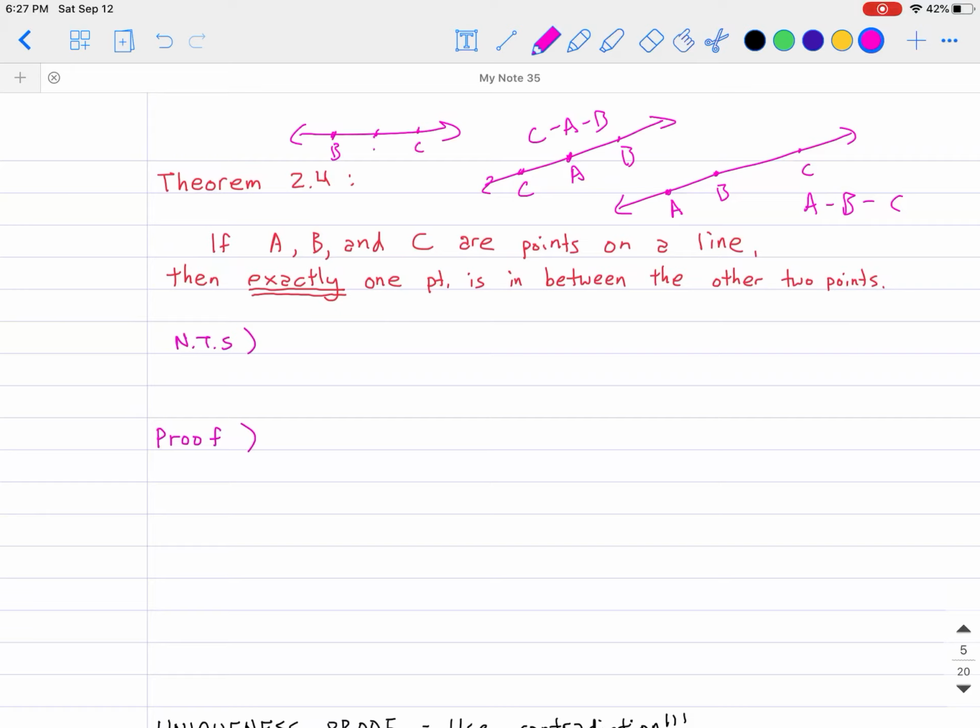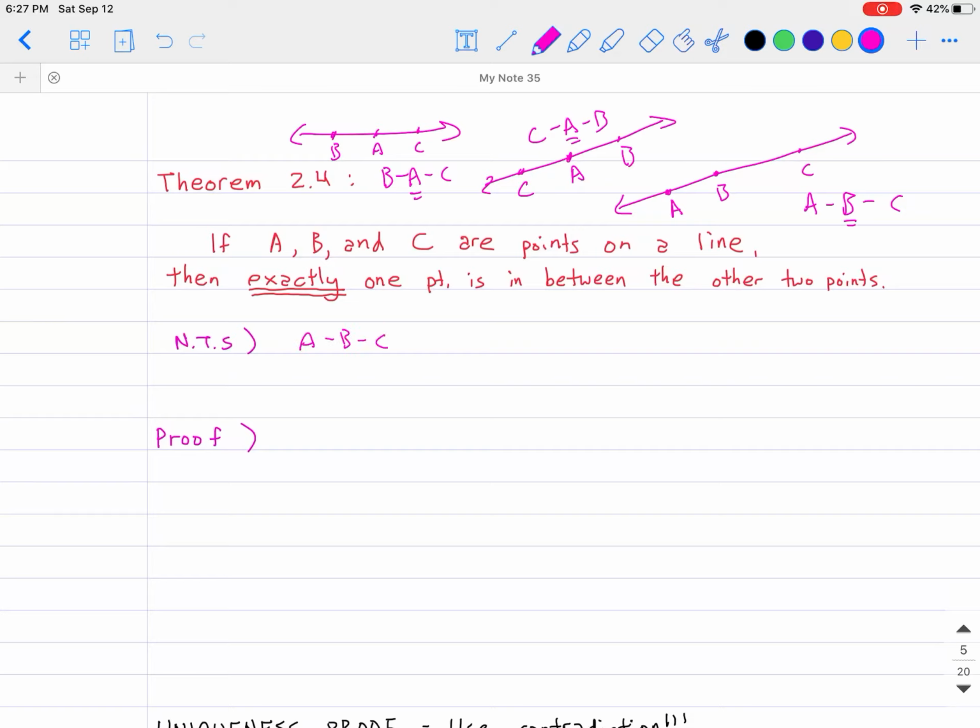How about if B is on the far left, C is on the far right, and A is in the middle? In this case, we can say that A is in between B and C. But nonetheless, every single time you'll notice that there is exactly one point that is in between the other 2. Okay, so that's what they have done.